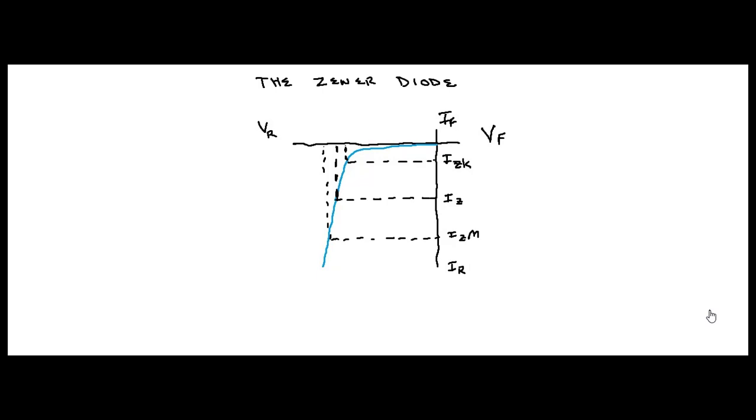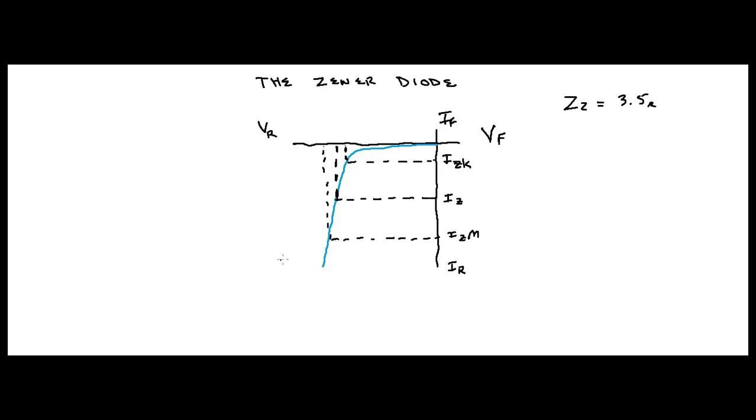All right, so now let's try our first Zener diode problem. Suppose you're given ZZ. Remember, ZZ is the resistance, and let's say it is 3.5 ohms.